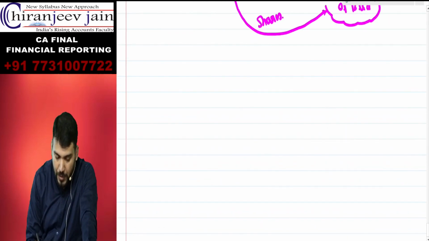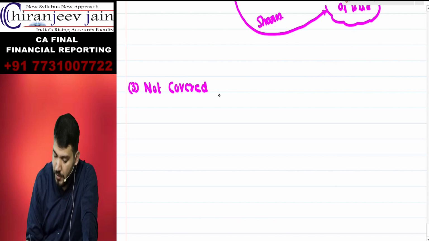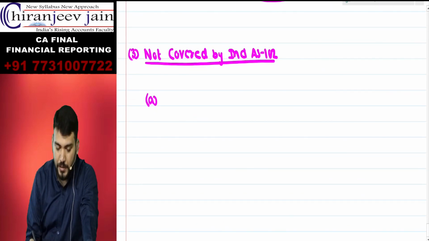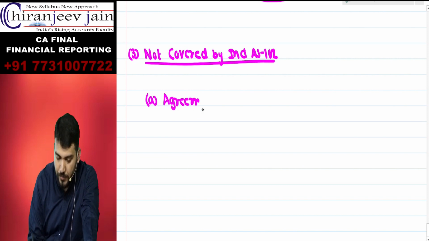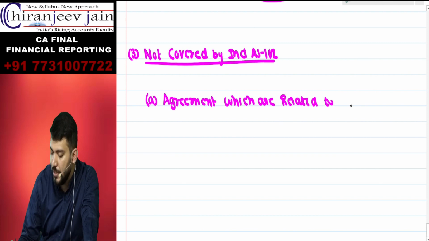Look. Point number 3. Not covered by Ind AS 102. What is excluded? First, agreements which are related to business combination.